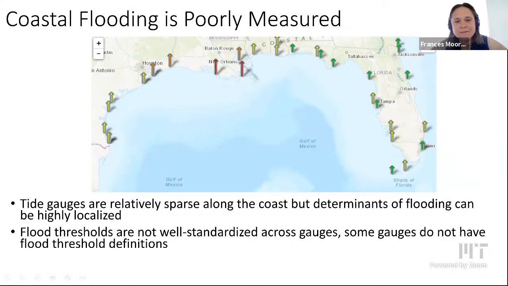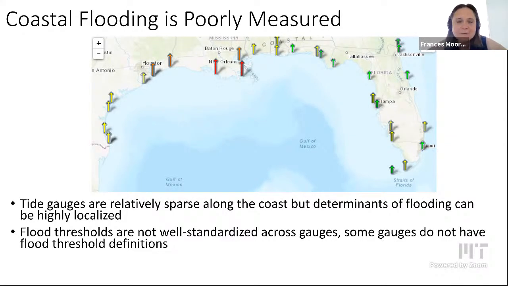But flooding can be a highly localized event, right? Depending on a lot of local factors, including the local bathymetry, the local topography, local flood defenses, as well as more localized atmospheric and hydrologic conditions that give rise to flooding in a particular place. And these big gaps in the tide gauge network are not really conducive to measuring flooding at that localized level.